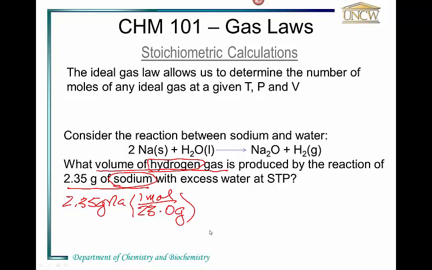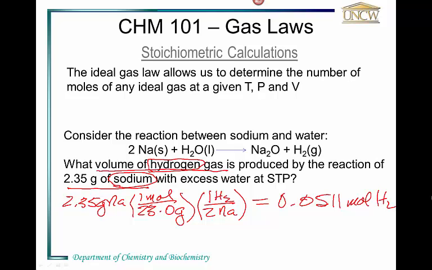Again, just as before, I can relate the moles of sodium to the moles of hydrogen by saying 1 hydrogen over 2 sodium. And if I do that math, it turns out that I have 0.0511 moles of hydrogen. Now that calculation is identical to the one we did way back in chapter 3.